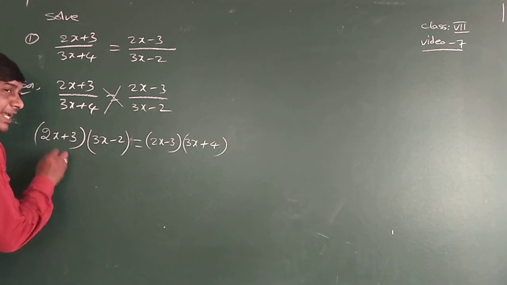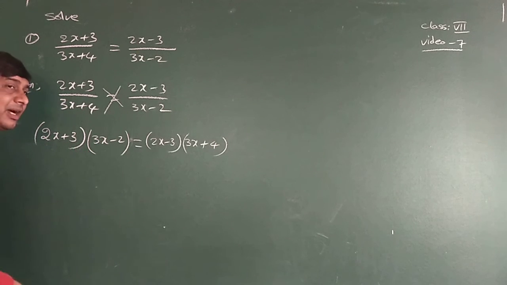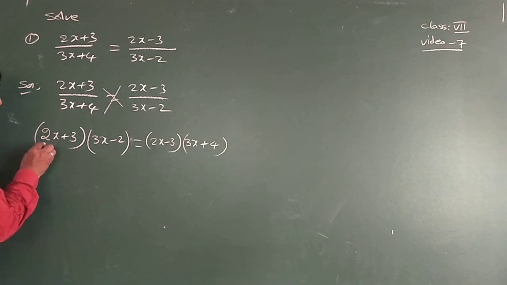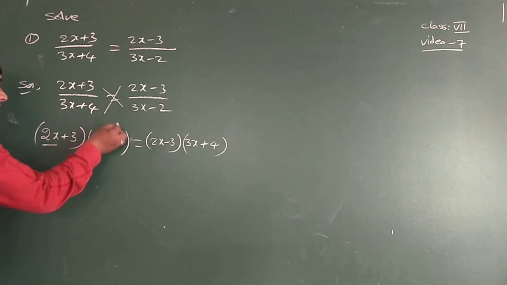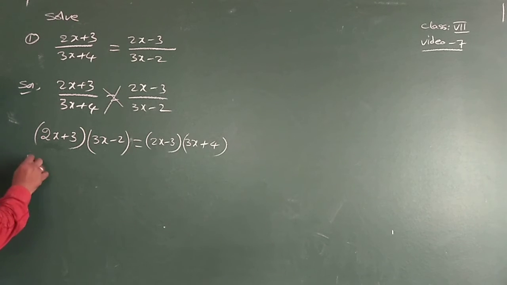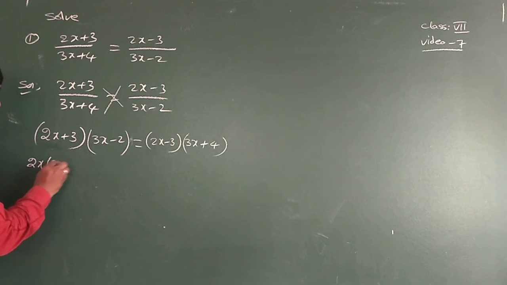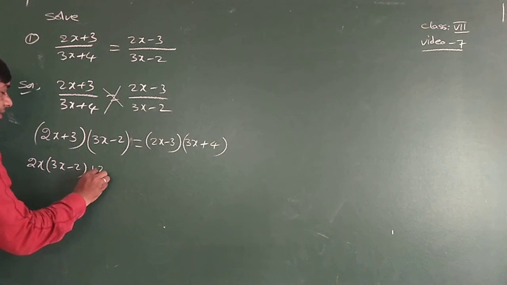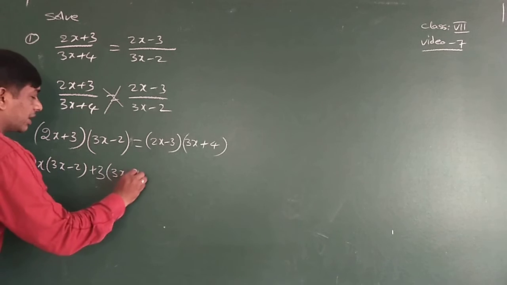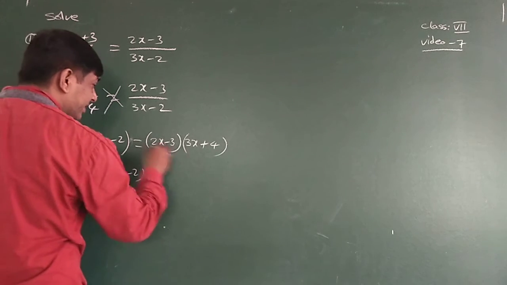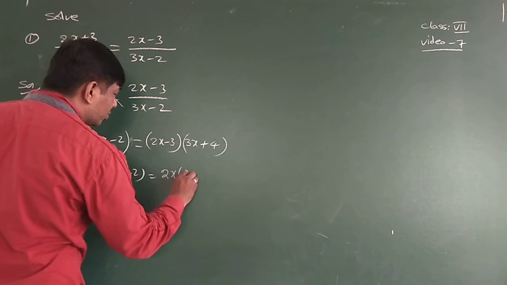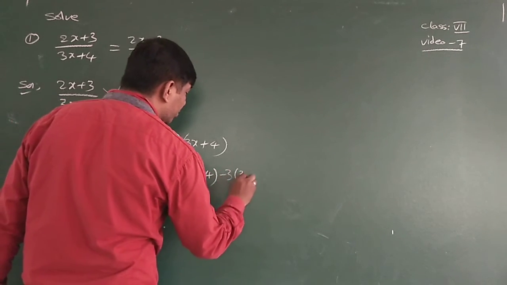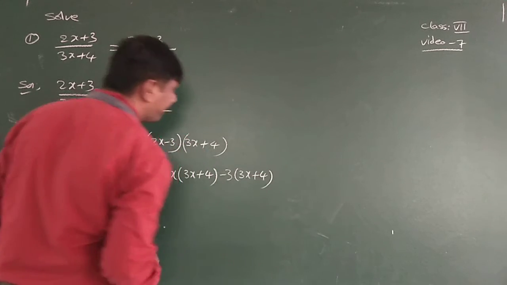While multiplying, you already learned how to multiply algebraic expressions in previous classes. So first term of this one multiplied with the whole term, means 2x into 3x minus 2, again second term 3 into 3x minus 2, is equal to similarly 2x into 3x plus 4 minus 3 into 3x plus 4.